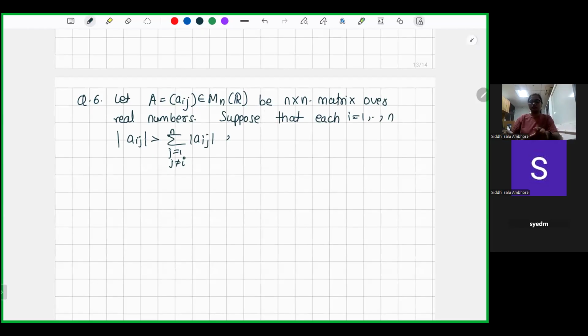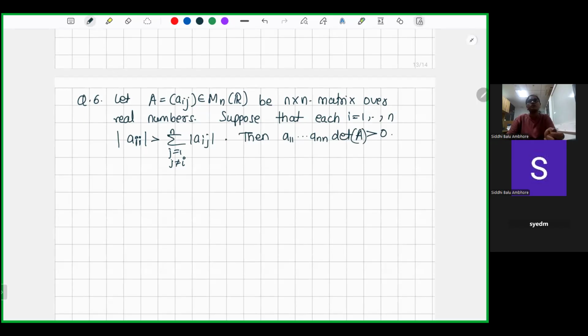So the diagonal entry aii is strictly greater than the addition of the rest of the entries in that row. That is the given condition. And then what they are saying is that the determinant of A, with entries a11 up to ann, is greater than 0. We have to prove this.